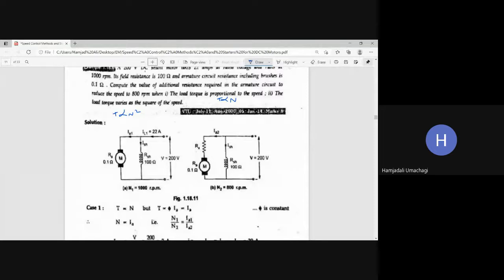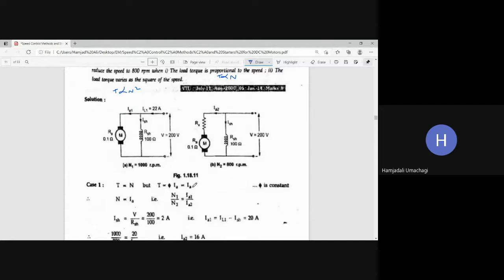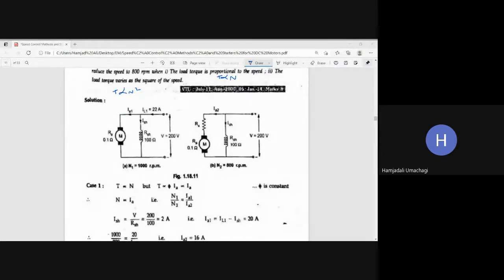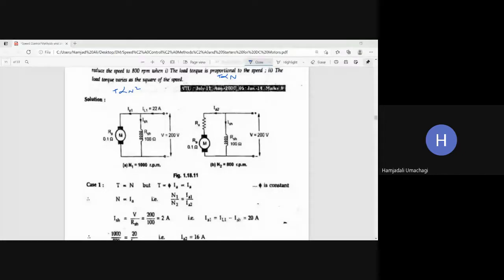Yes, coming back. So for a DC shunt motor, torque is directly proportional to phi into Ia and flux is constant. So torque is directly proportional to Ia. So N is directly proportional to Ia.